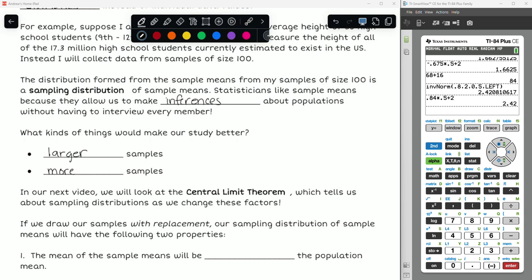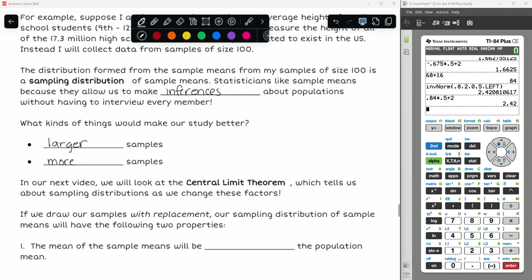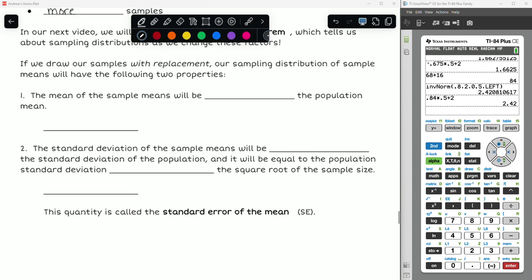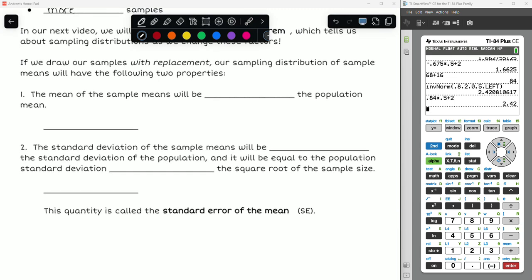We do know some things about the sampling distribution of sample means if we are doing our sampling with replacement. So if I randomly select 100 people, but when I select them, I put the name back in the hat so it could be selected again, then I know two things will be true about my sampling distribution of sample means.